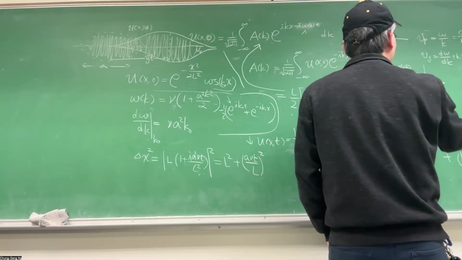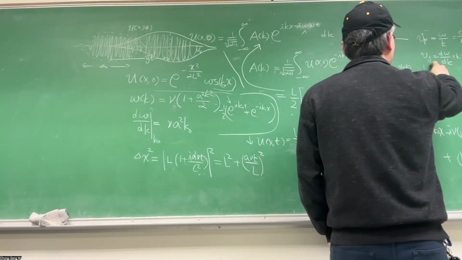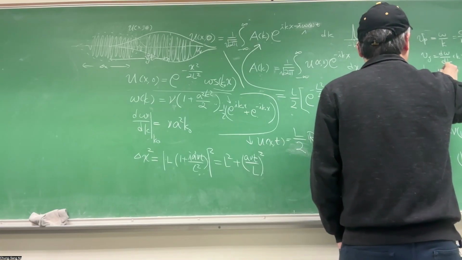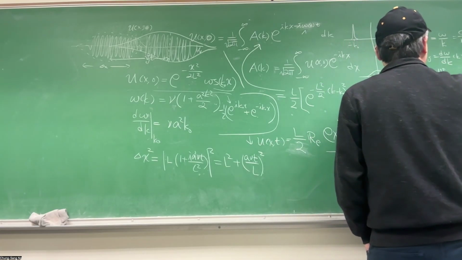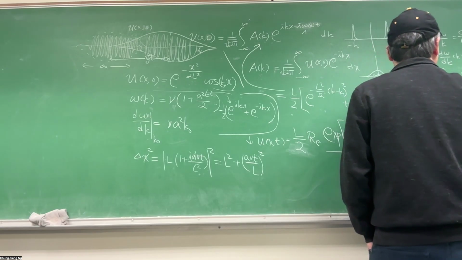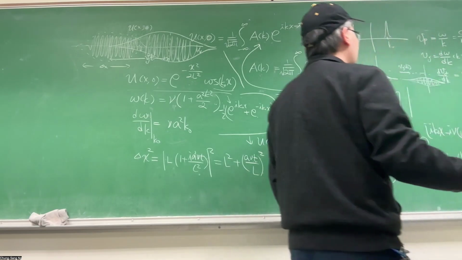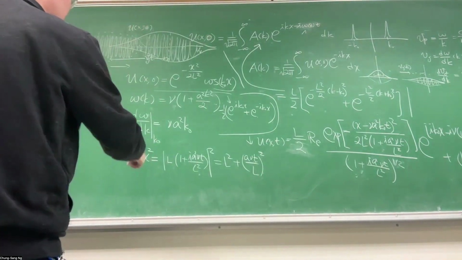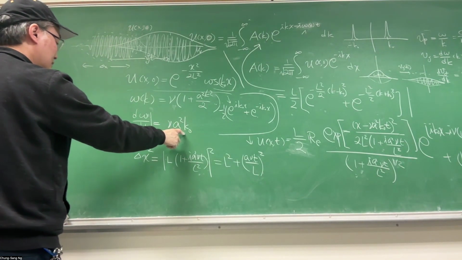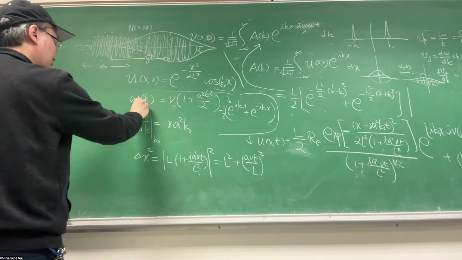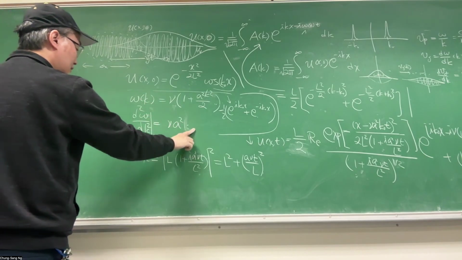So you see that the broadening should depend on another derivative, d vg dk, that depends on d square omega dk square. In this case, d omega dk is mu a square times k, and if you take another derivative you get rid of that.